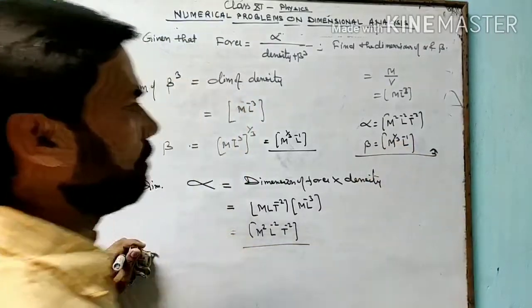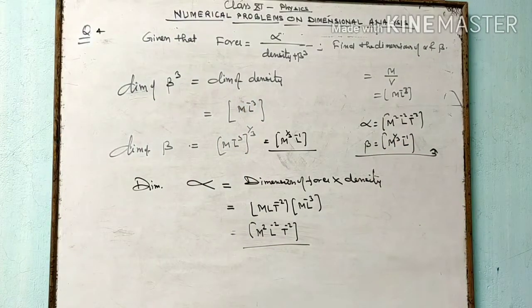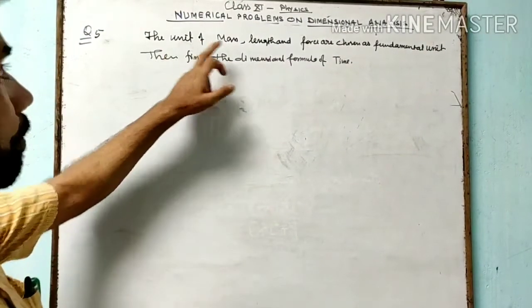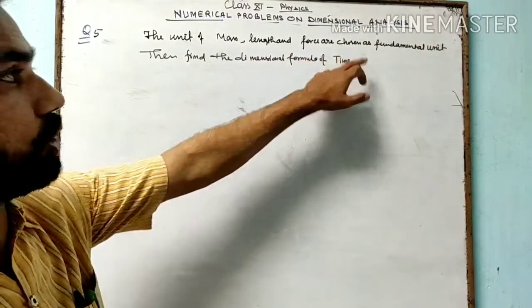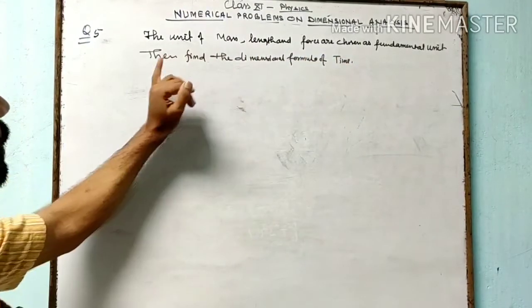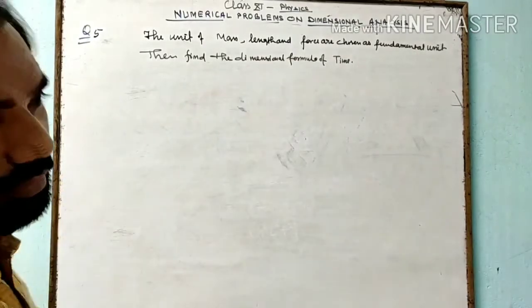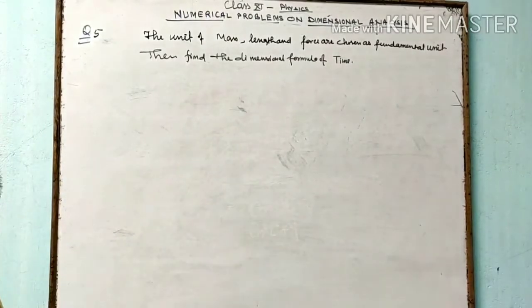In this way we can solve for the dimension of any typical constants written in any expression. Here, the units of mass, length and force are chosen as fundamental units. Then find the dimensional formula of time. It's a very extraordinary question.